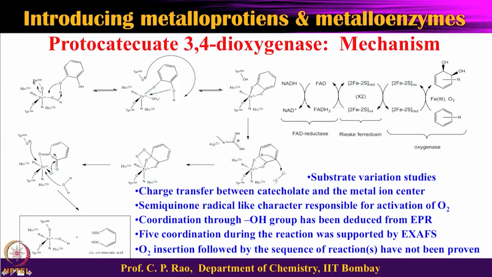Now, I mentioned to you it is a 5 coordinated center with trigonal bipyramidal geometry having 2 tyrosine groups, and when a catechol kind of a moiety comes, catechol will bind, and this will give one proton to this, and the tyrosine metal bond can be tentatively disrupted. Okay.